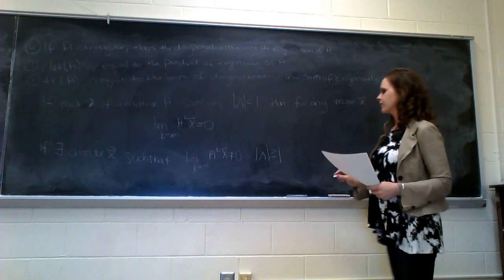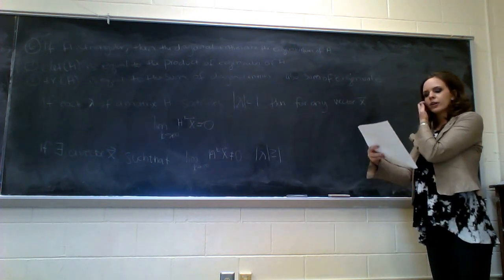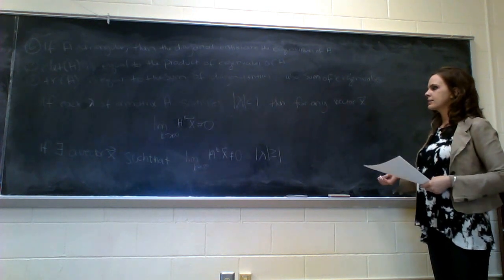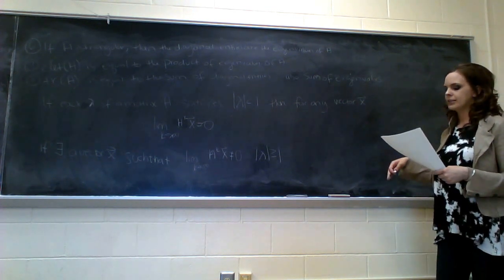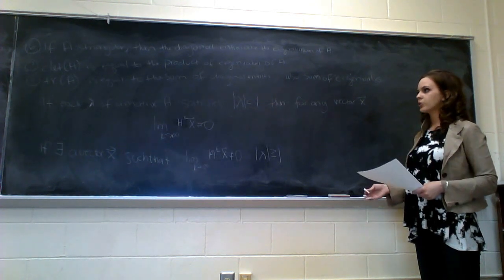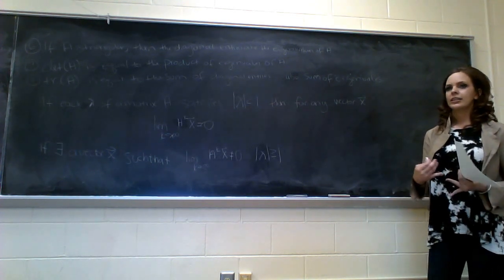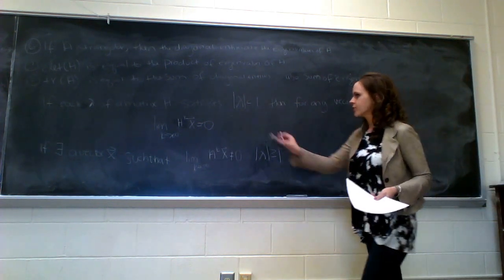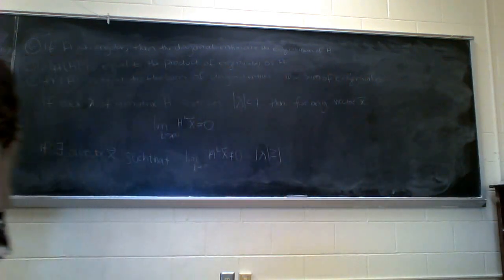So at least one of these eigenvalues has to have magnitude greater than or equal to 1. After all of this, we can finally reach what we were trying to reach: a necessary and sufficient condition for convergence to the 0 vector.